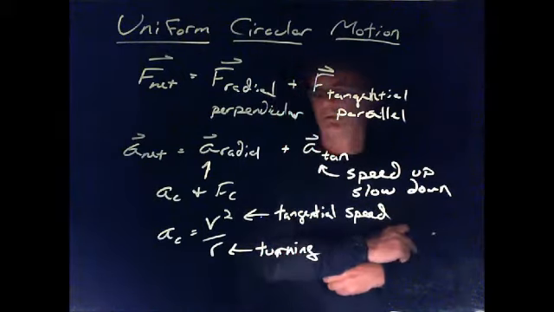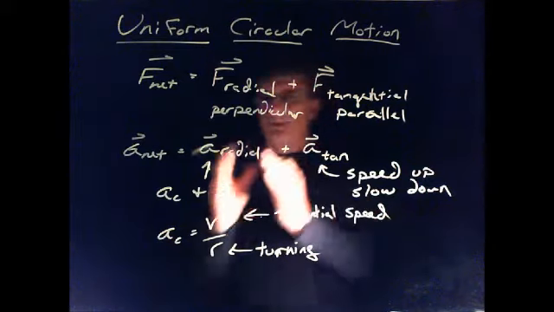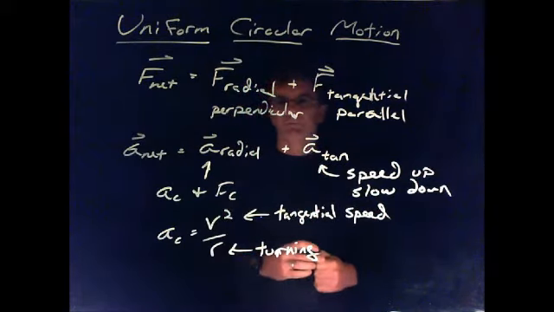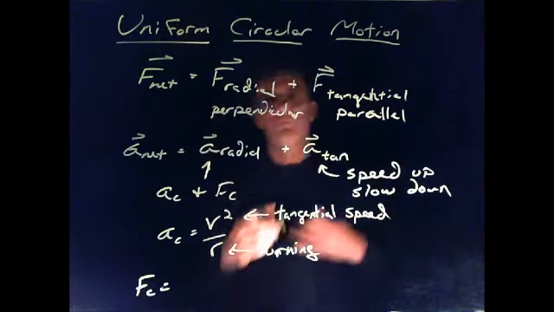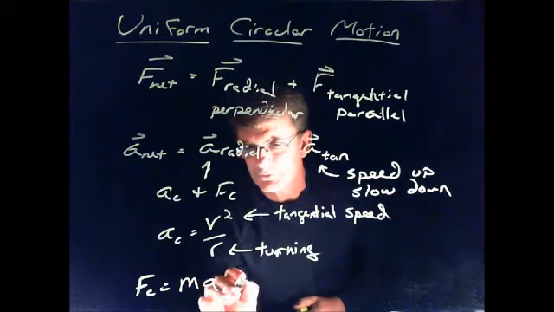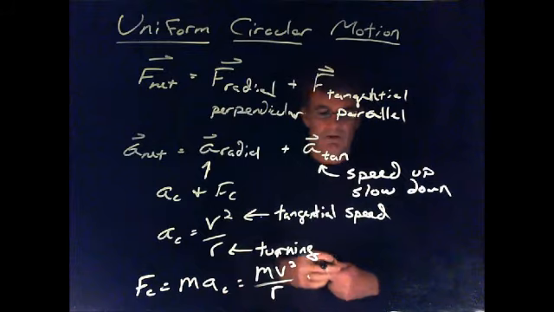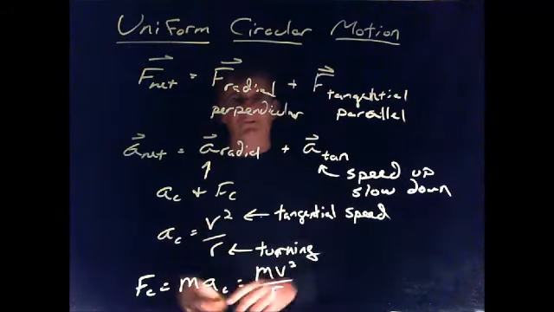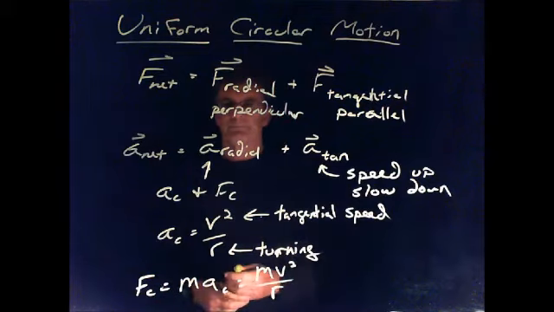This equation is on the formula sheet. Centripetal force, and force is just mass times acceleration, is mass times centripetal acceleration, or m v squared over r. This equation is not on the formula sheet, but they should be able to figure it out.